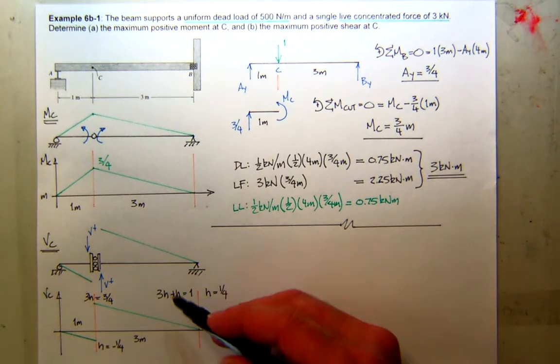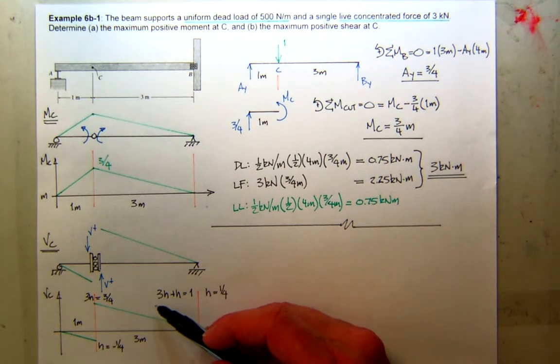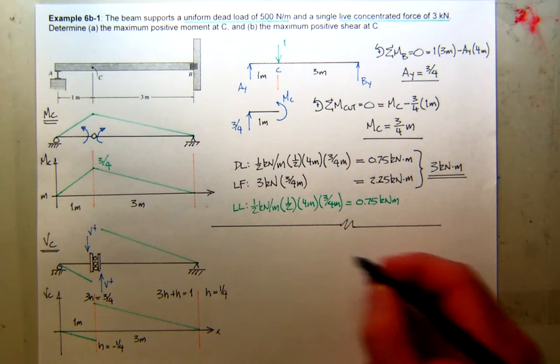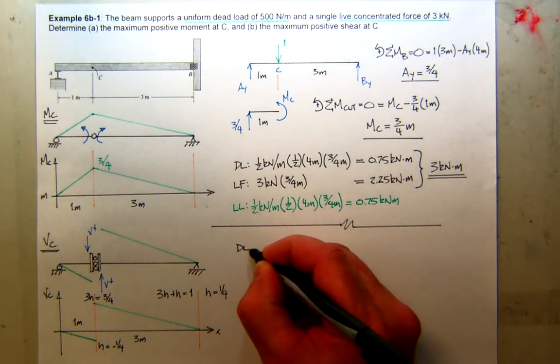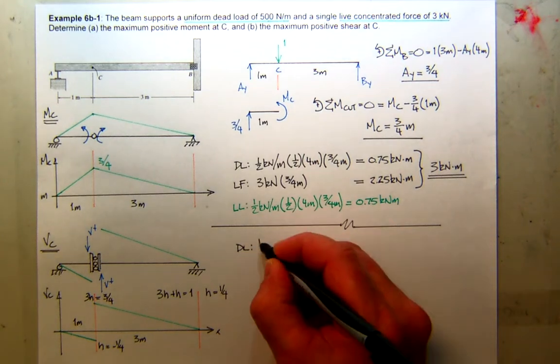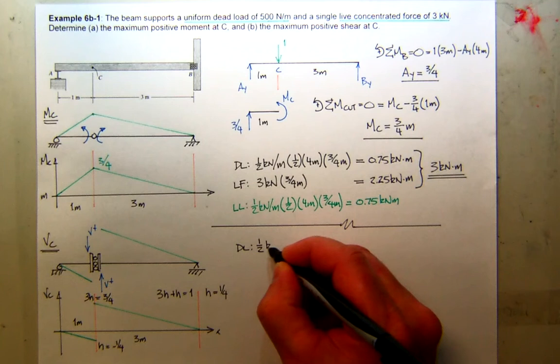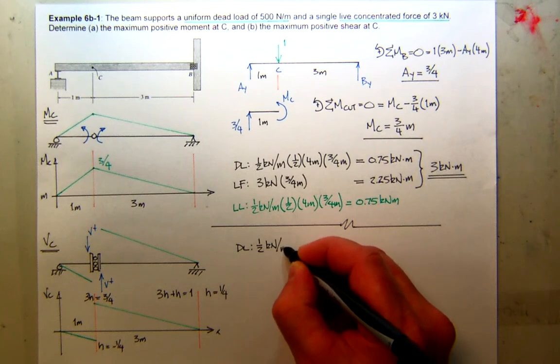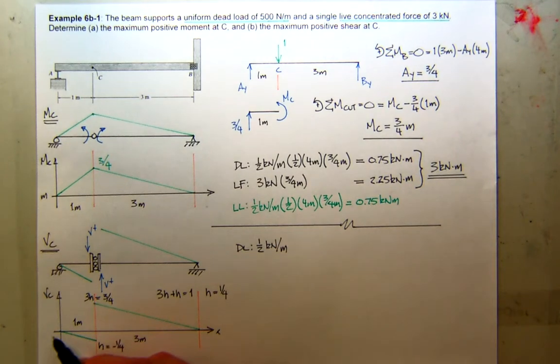So now what about the shear? Well, let's start with the dead load on the shear. Again, the intensity of that loading is 1/2 kilonewton per meter. What's the total area under the influence line for shear? Well, there's a negative part and a positive part.